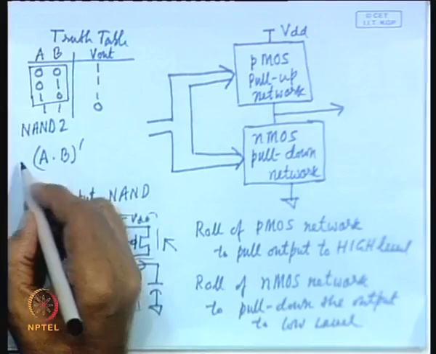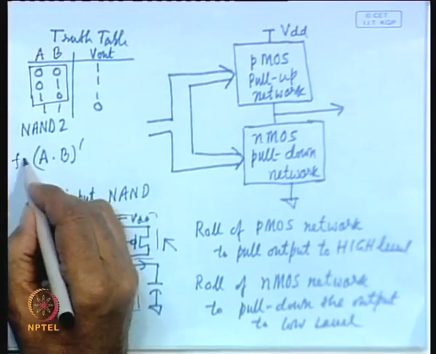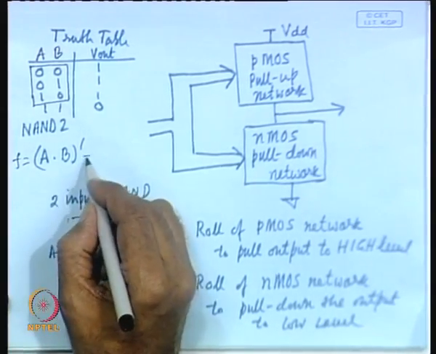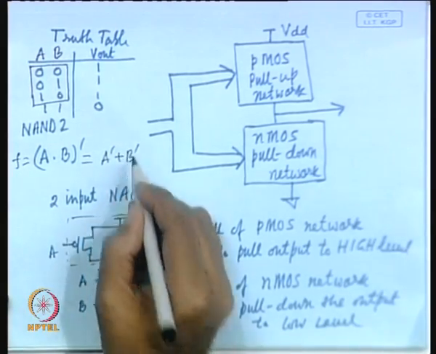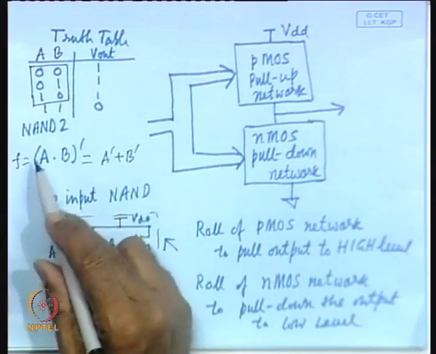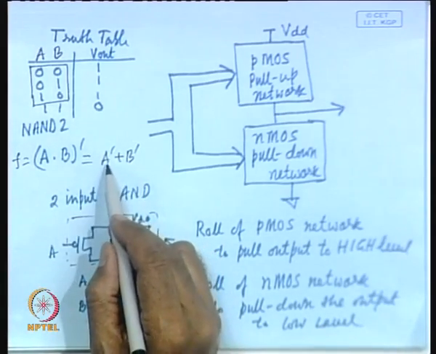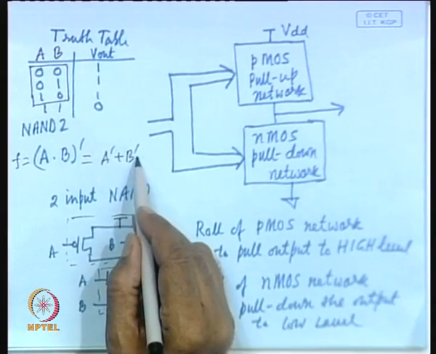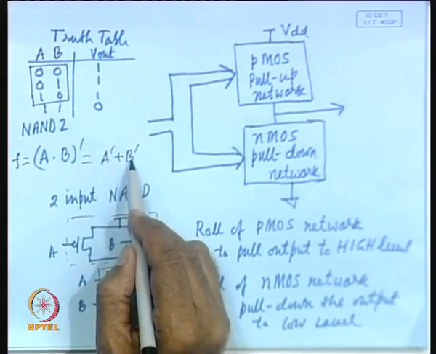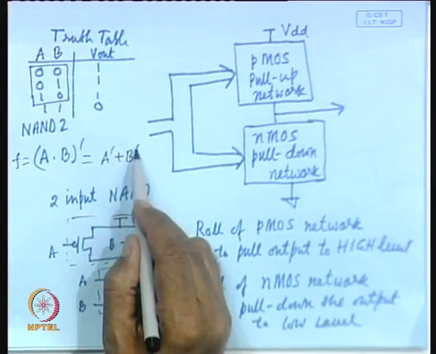And this is the function f that it realizes, and if you represent it, it will be in expanded form A bar plus B bar. One important characteristic of this is, you see, all the output function in the minimized form has got its literals, that means A and B, in complemented form.